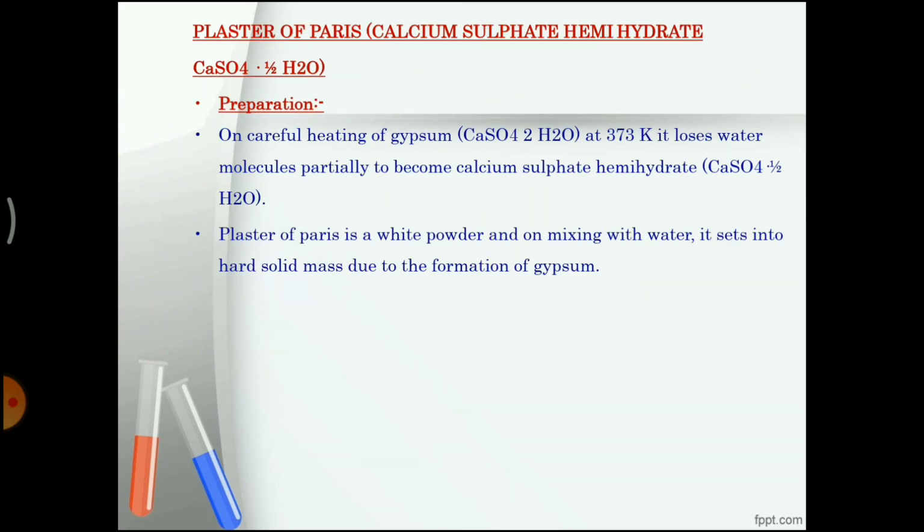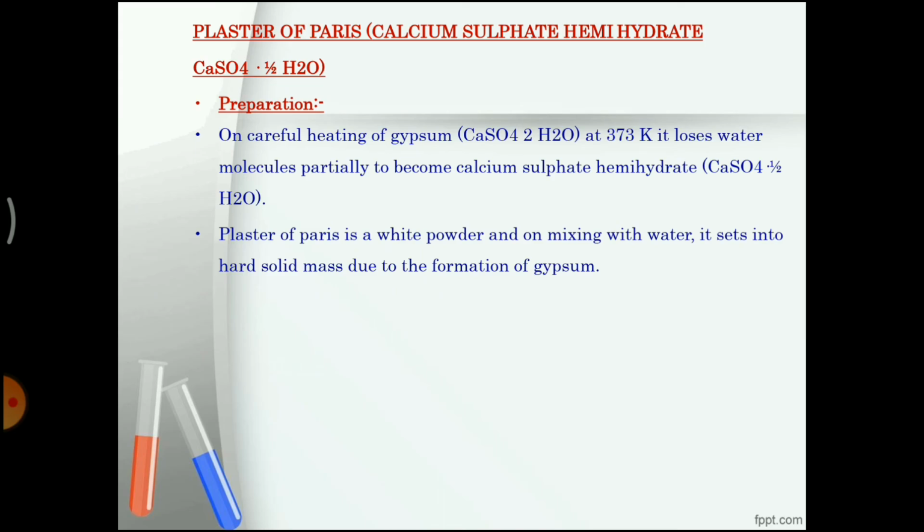Another salt is plaster of Paris, called calcium sulfate hemihydrate. How do we prepare it?